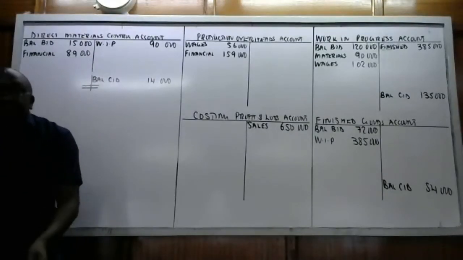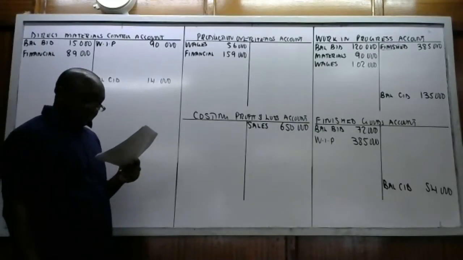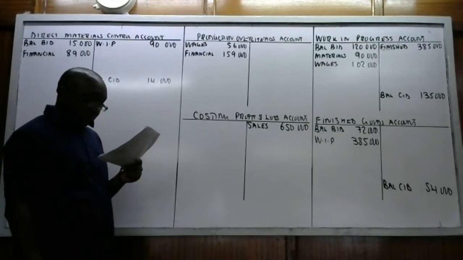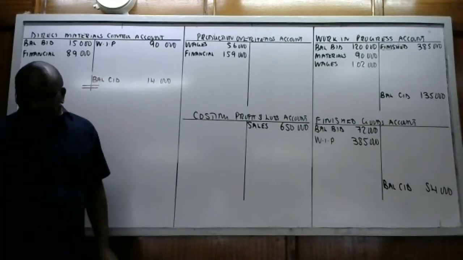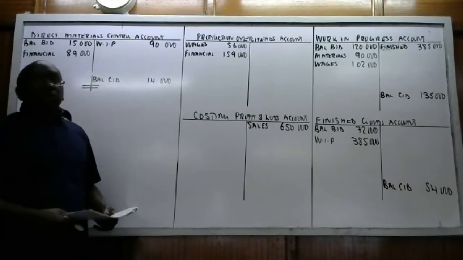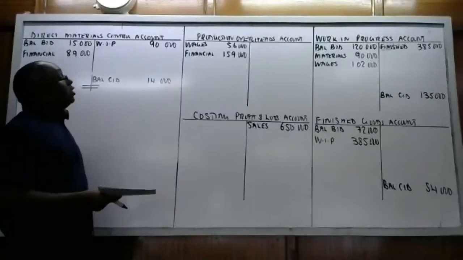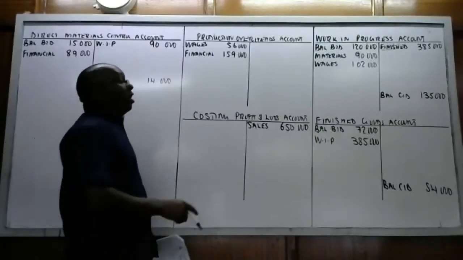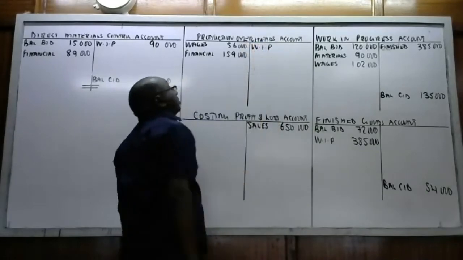So overheads. We are not told how much was the balance carried down. And there is no way it can be carried down before we take it to work in progress.